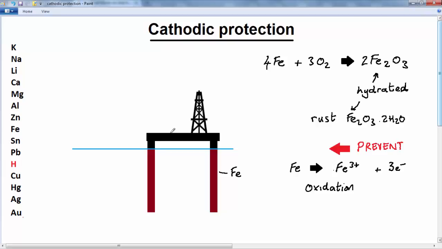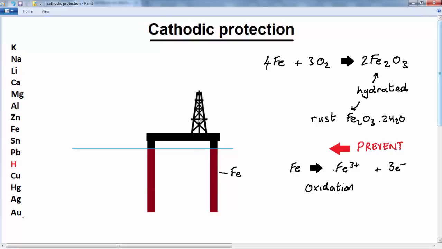Now, in the previous lesson we learned that one of the ways we could do that is using something called sacrificial protection, but in large scale structures like this oil platform, for example, another more practical method is often adopted, which is that of cathodic protection.